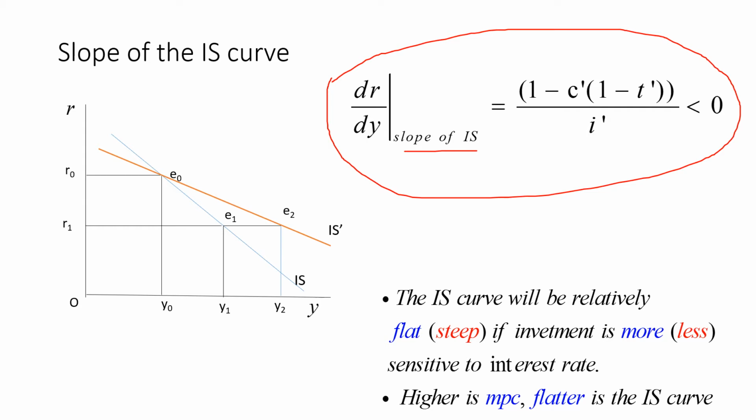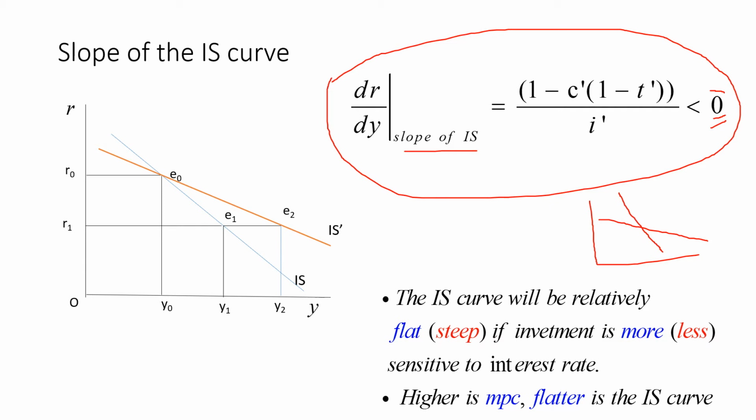One thing is pretty clear: it is negative, and it is downward sloping. But whether it is a very flat curve like this, or a very steep curve like this, that is what we want to understand in this slide.